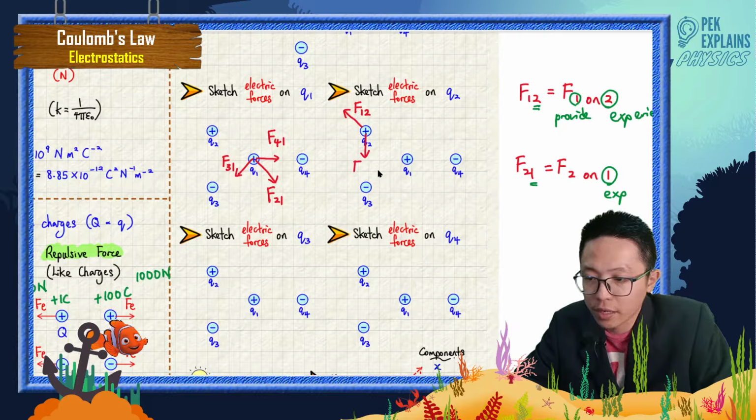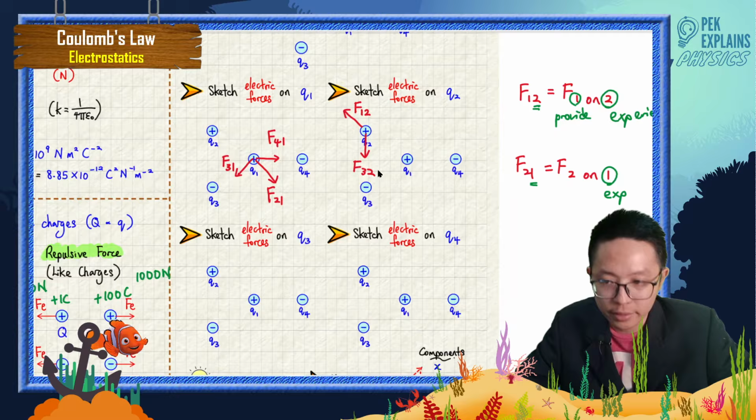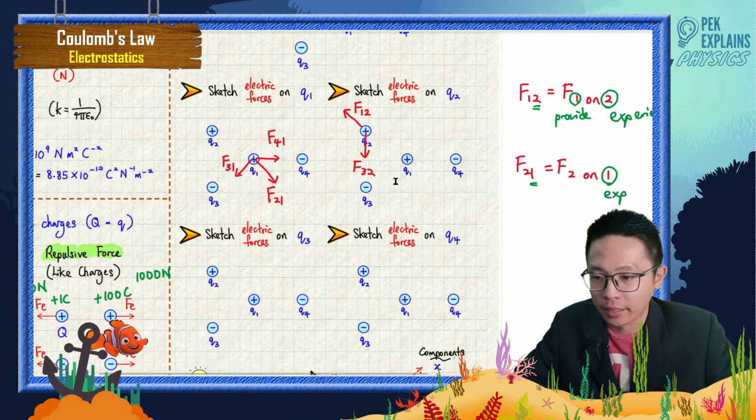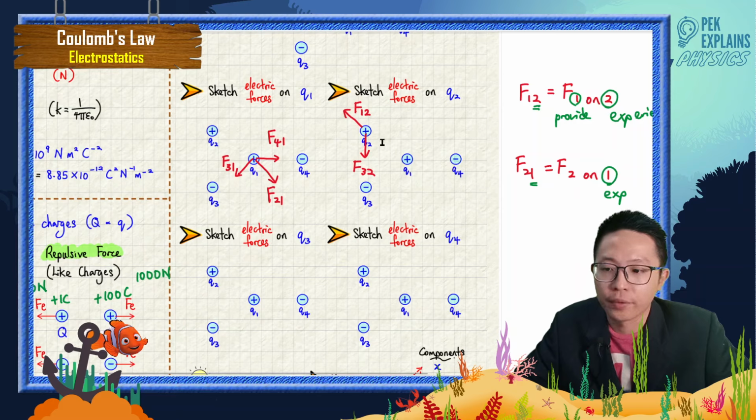So this is F3 on 2. 2 is the one who experiences. The number behind is the charge who experiences the force. Now how about between 2 and 4? 2 and 4, opposite sign. They attract each other.